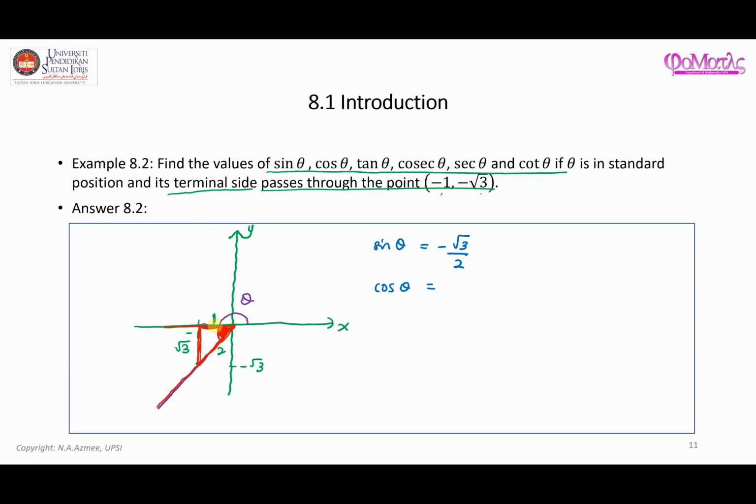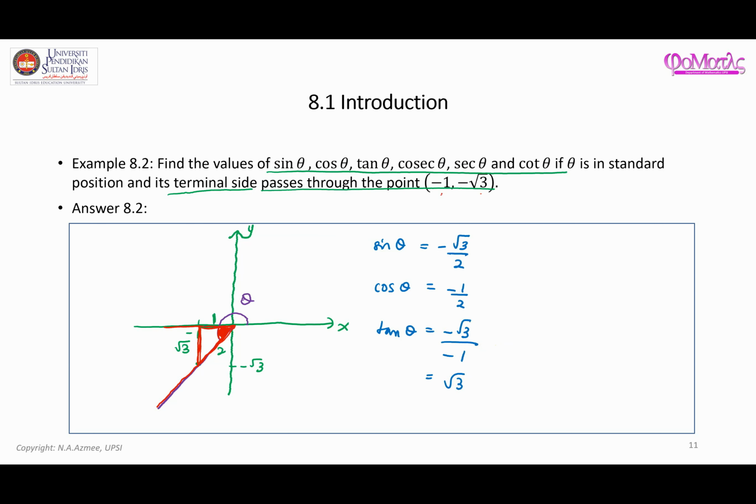Again, x is in the negative direction, so here we have negative 1 over 2. The next one is tangent of theta, which is opposite over adjacent. Here y is in the negative direction, so we have negative root 3, and x is also in the negative direction, which is negative 1. Therefore the answer here will be positive root 3.